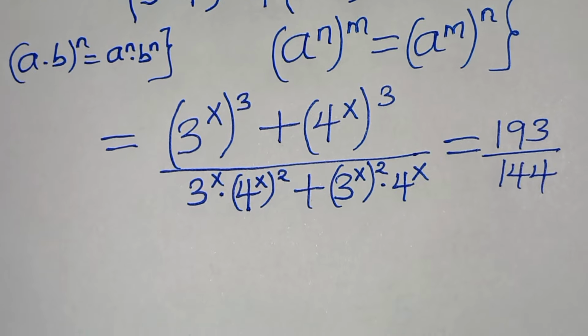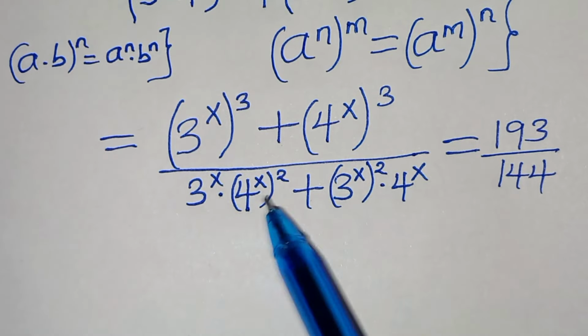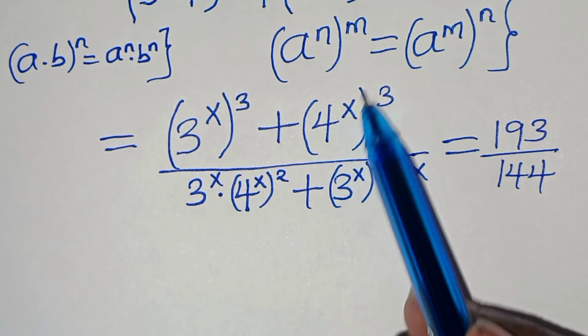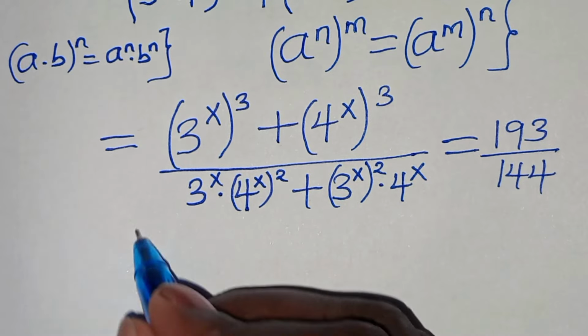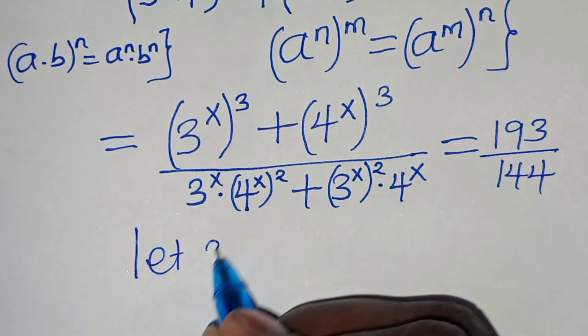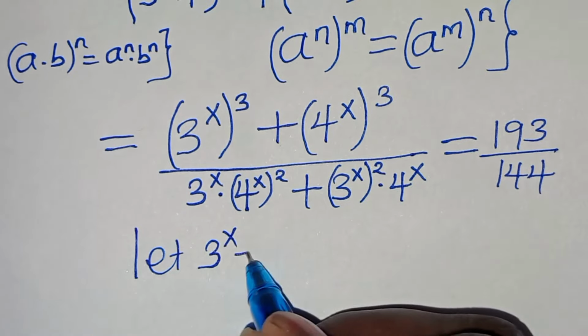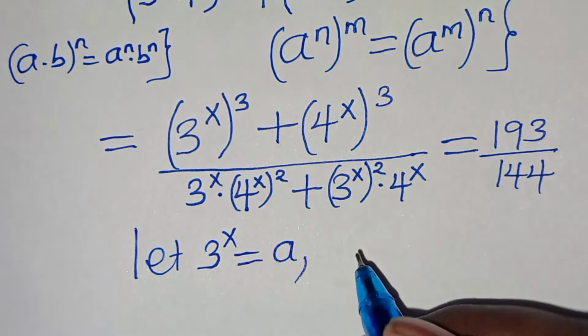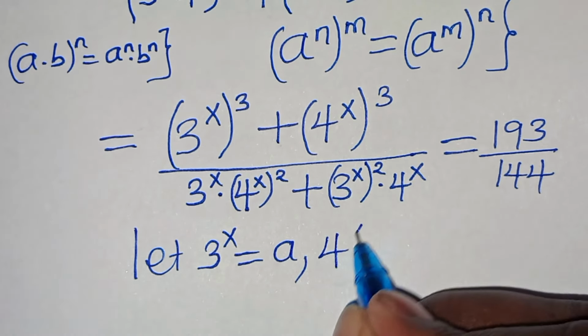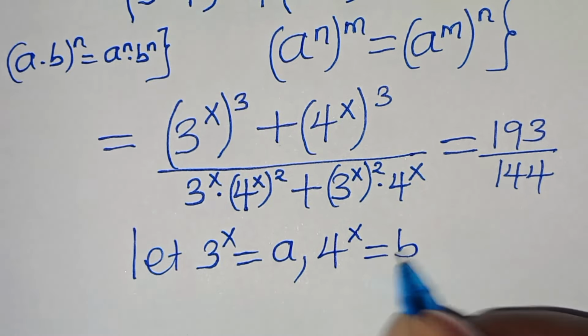The next step from here, we can represent 3 to the power of x and 4 to the power of x by using letters. That is, let 3 to the power of x be equal to a, and let 4 to the power of x be equal to b.